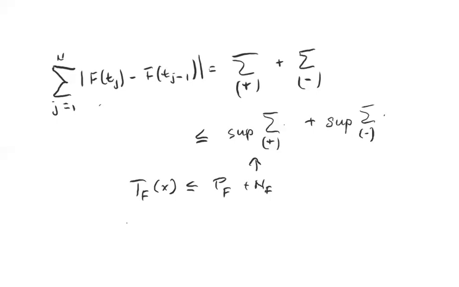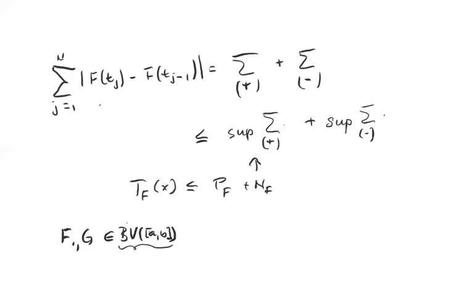Now, there's maybe something first we should say. If f and g are of bounded variation on an interval AB, so this is the set of all functions which are of bounded variation on this interval, BV of AB.